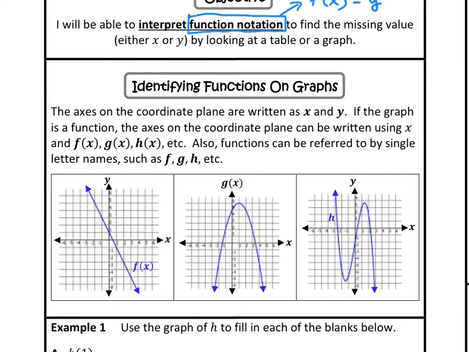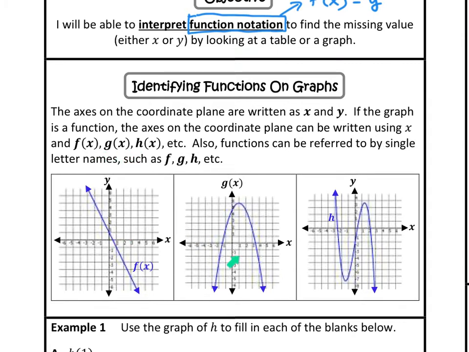If the graph is a function, the axes on the coordinate plane can be written using x and f of x, g of x, h of x. So this is what I was talking about. They might call it f, g, or h, and they'll usually write it in the graph, and I'll show you where they might write it. Or they might use a single letter, f, g, or h, without the parentheses and the x.